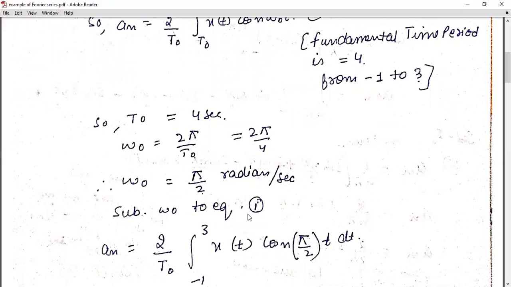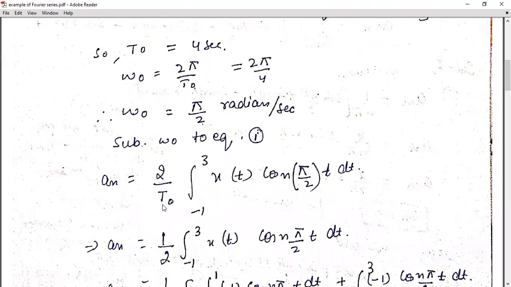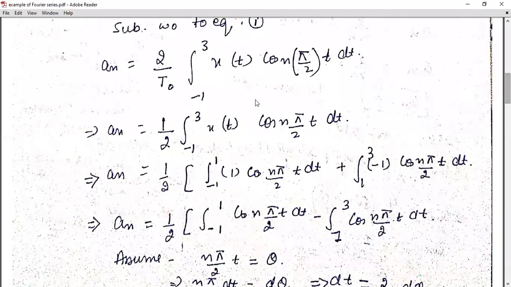Now substitute this value in equation number one. If we substitute the value of omega naught as pi by 2, we get a n is equal to 2 by t naught, integral from -1 to 3 as we discussed for the limits, x of t cos of n pi by 2 t dt.